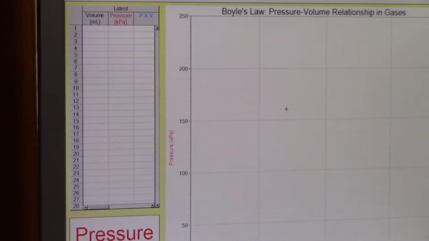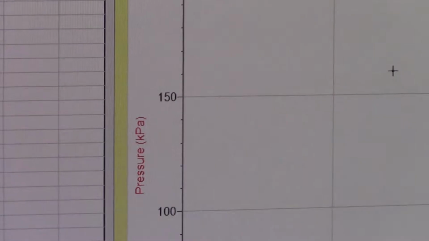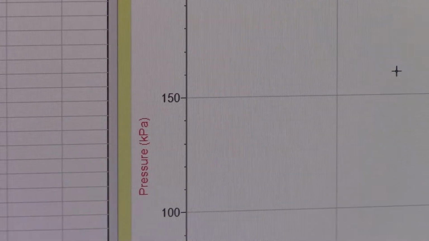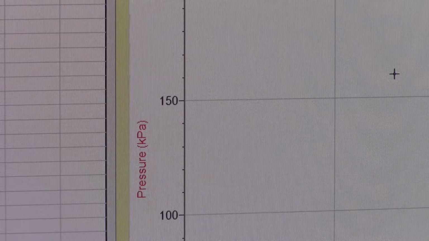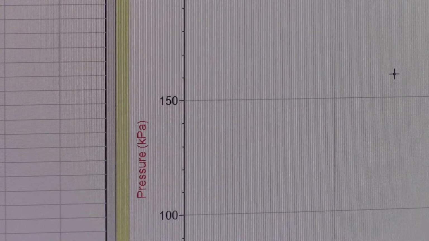And you'll notice on the left, the Y column is pressure in kPa. We can measure atmospheres or kPa or torr or whatever. It doesn't matter at this point.